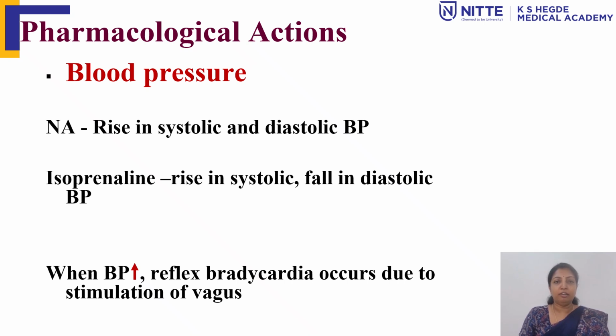Isoprenaline has no alpha action, it only acts on the beta receptors. By acting on the beta 1 receptor, they can produce rise in systolic BP, and by acting on the beta 2 receptor, they can produce fall in diastolic BP. And when the BP rises, what happens? Reflex bradycardia can occur due to stimulation of vagus. This reflex bradycardia is very prominently seen with noradrenaline.